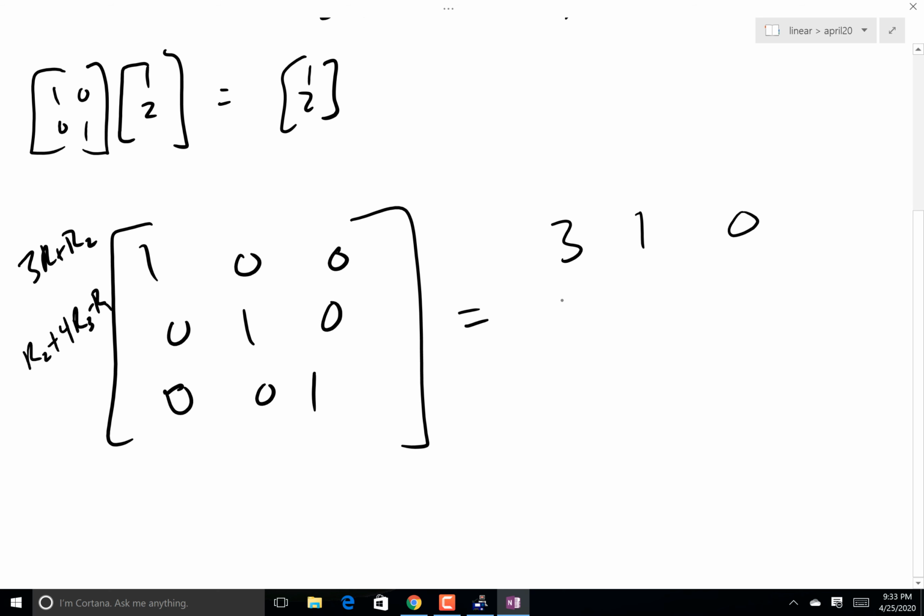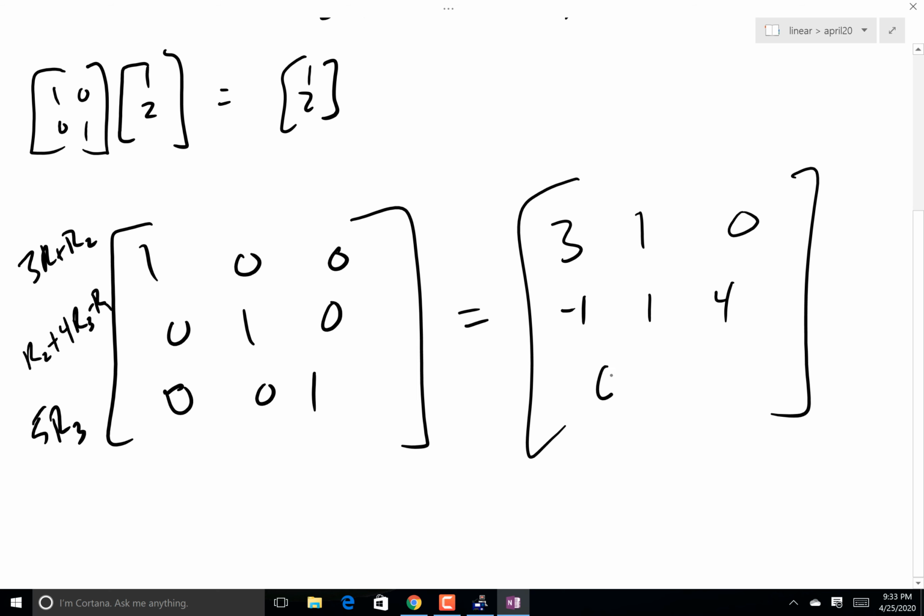So row 2, so 0 plus 0 minus 1. So it's 1 plus 0 minus 0 is 1, and then it's going to be 0 plus 4 minus 0 is 4. And then let's just say I did 5R3. Sure, why not? 0 0 5. Okay, that right there is an elementary matrix, for instance.